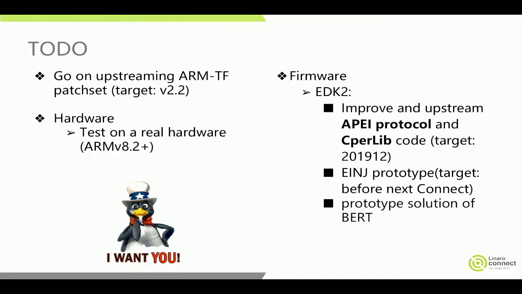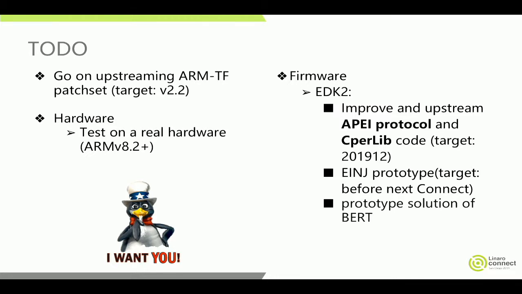Also, before the next Connect, we will try to make an EINJ prototype, which can help you test and debug your hash table mechanism and BAT table mechanism.